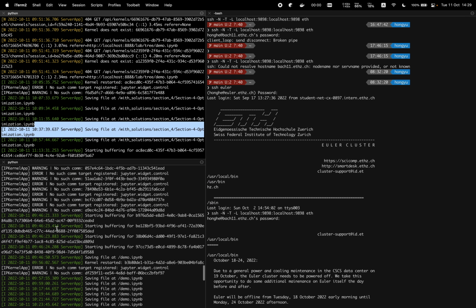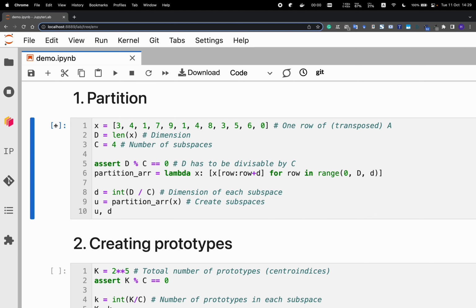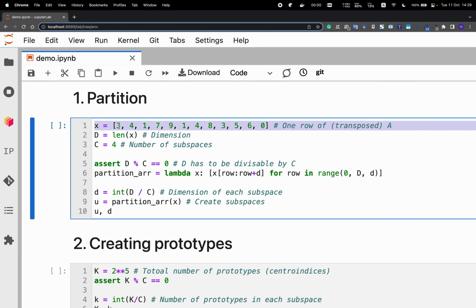Is this running? Yes. So in this case, we have a vector x. You can think of this x as a row of the transpose of A. The dimension is 12, and we want to partition this x vector into 4 subspaces.